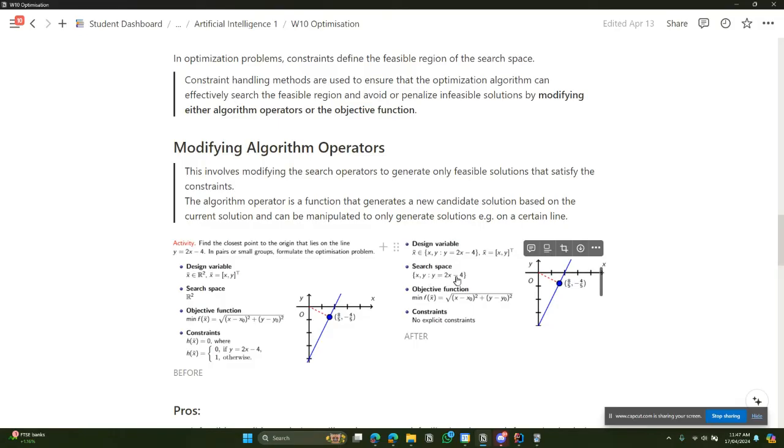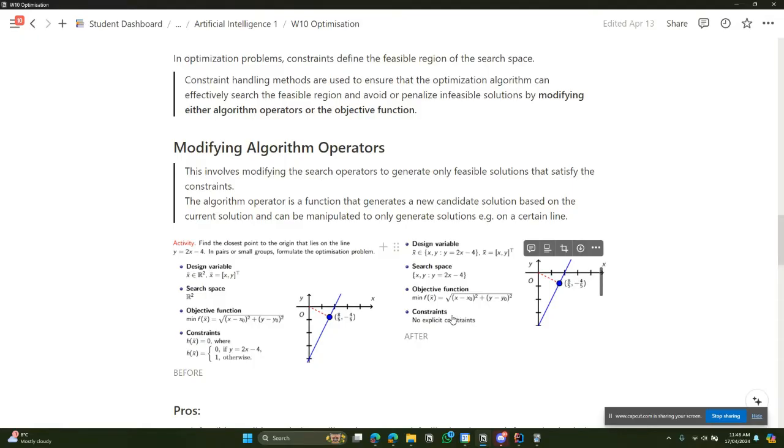So if that's our search space now, we only generate coordinates where the y value matches this equation, it falls into this equation. And this forces the algorithm operator function, which generates the new solutions, to only generate valid solutions. So we're never generating an infeasible solution.